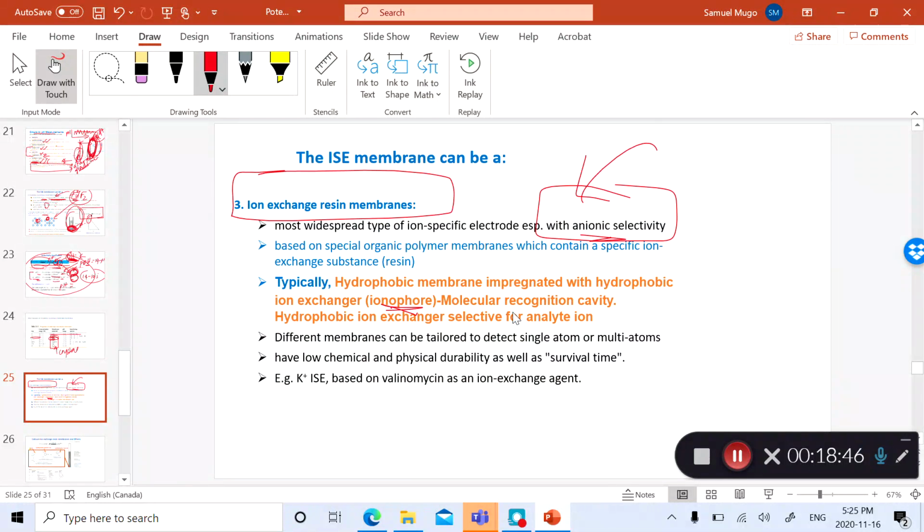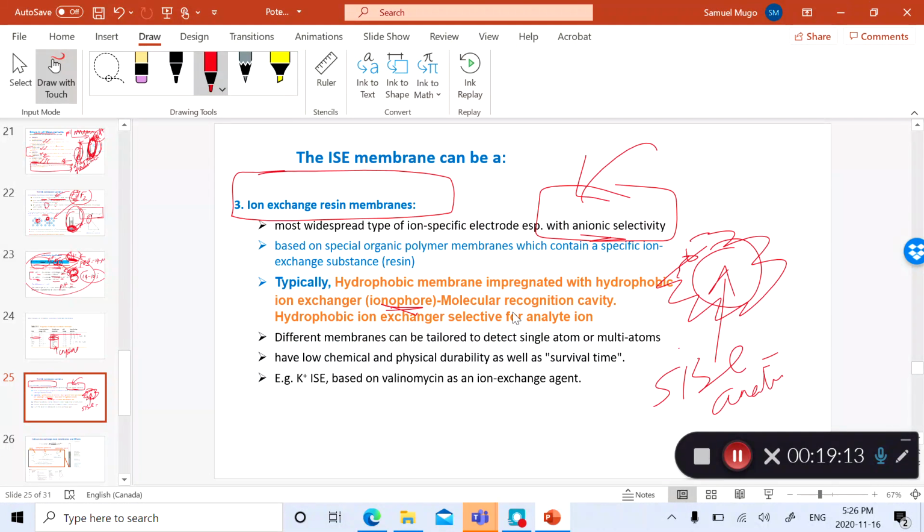An ionophore is often a synthetic material or chemical that has got a cavity, and that cavity is selective to the analyte of interest. So in most cases, an ionophore is a material that has got a cavity, and the cavity size is equal to the size of the analyte that you're trying to analyze.